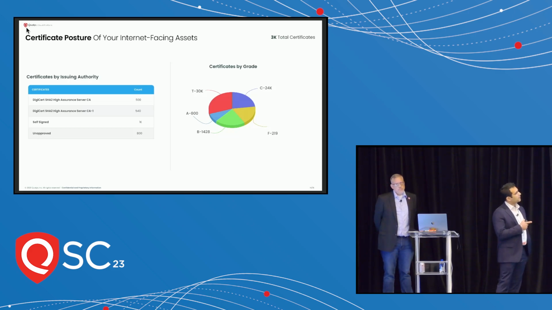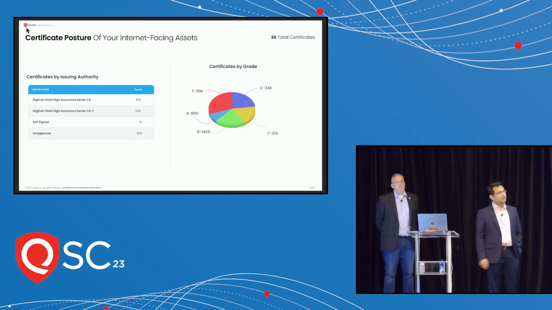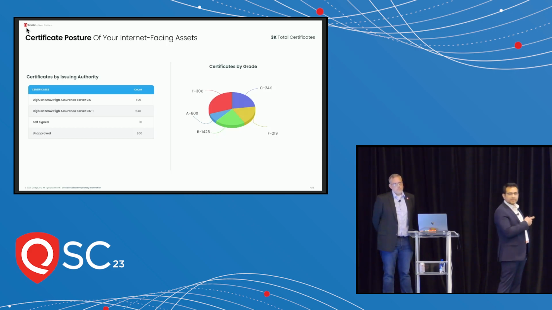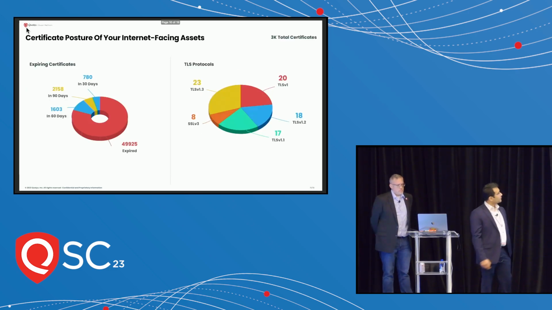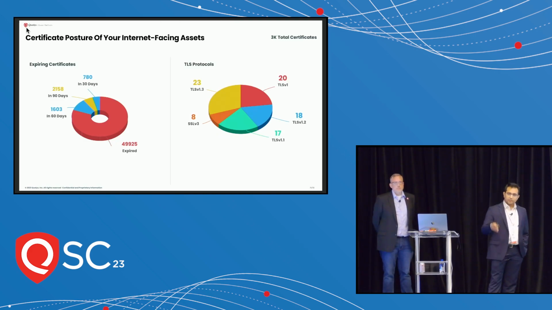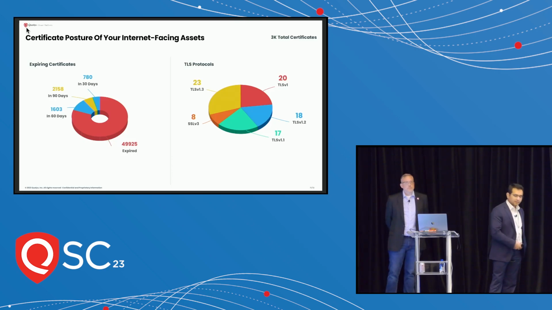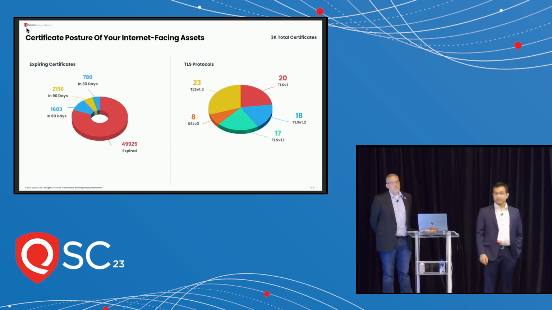We actually grade them A, T, and C. If you're using SSL Labs or CertView, you'll be aware of these gradings, A being good, T being untrusted, so you know what is untrusted for your internet-facing assets across your organizations, right? Again, expiring certificates, and not just showing you what's expired today, but what's going to expire in the next 30, 60, 90 days, right? So it gives you time to fix those.